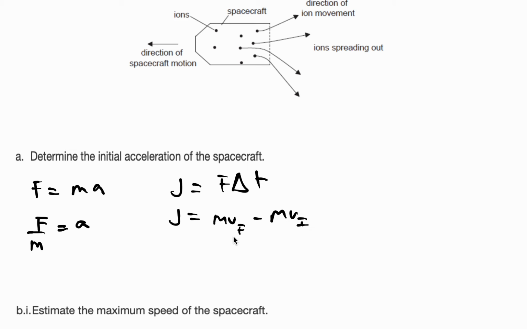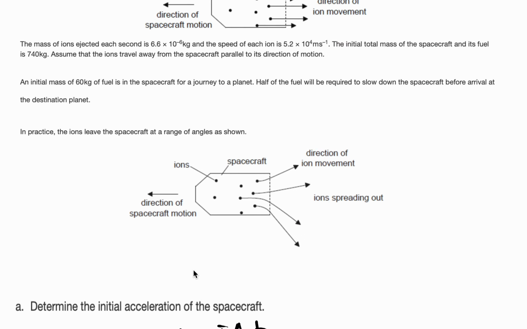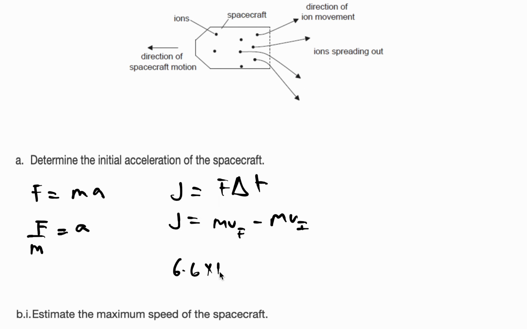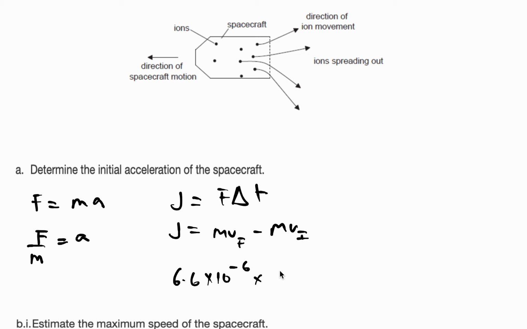Mass of what? The mass of the ions. So 6.6, let's just double check if I'm using the right mass of ions. Yes, 6.6 × 10^-6 times the velocity, which is 5.2 × 10^4, minus the initial momentum, which would actually just be 0. Why?